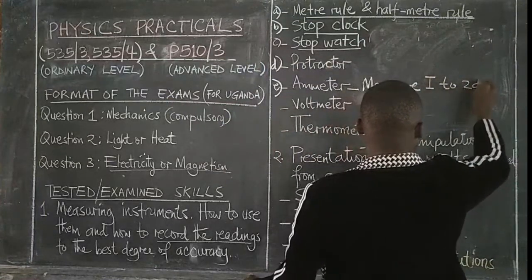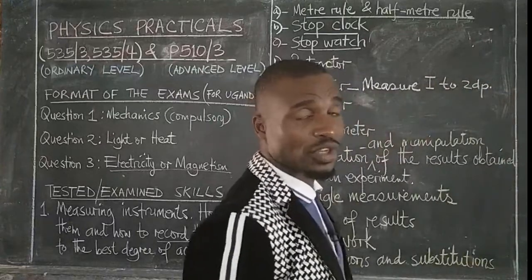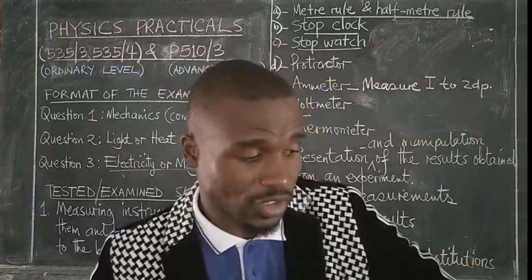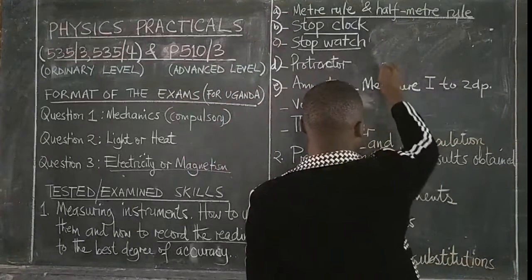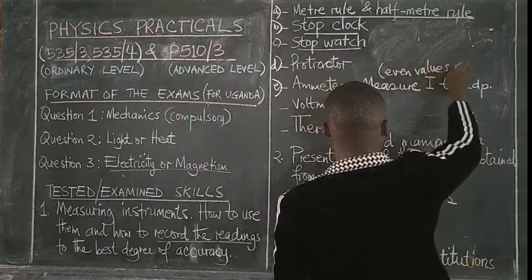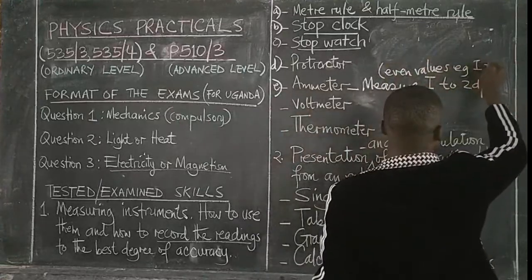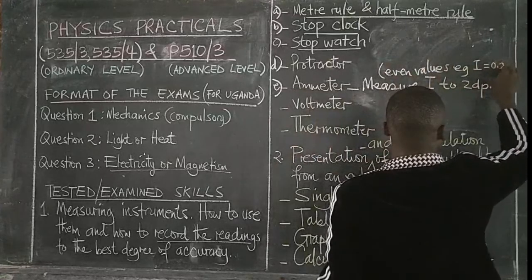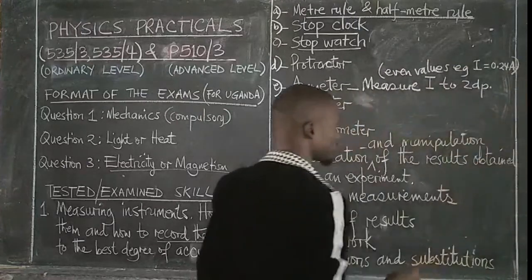2 dps. What is so special is that the least count is 0.02 for such an ammeter, and therefore the values obtained here should be even values. An example is you can have current I equals 0.24 amperes. That will be right.